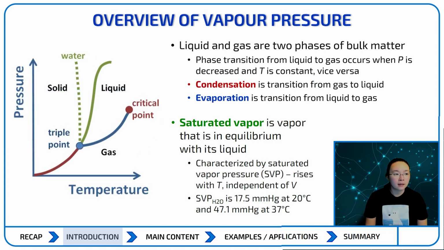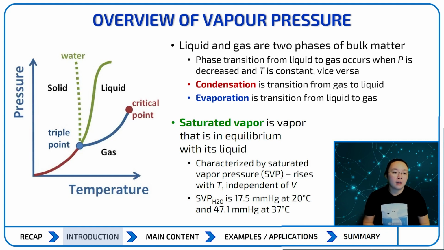Now, we do want to take a look at vapor pressure. So we do know that gases can exist as mixtures, but we also have to know that liquids and gases are two phases of bulk matter, and we should know how they're related to one another, especially now that we finished the fluid flow chapter.